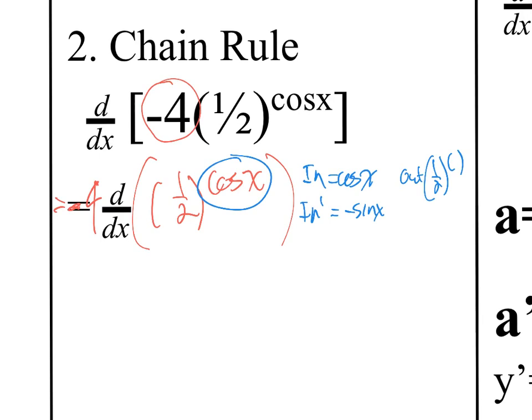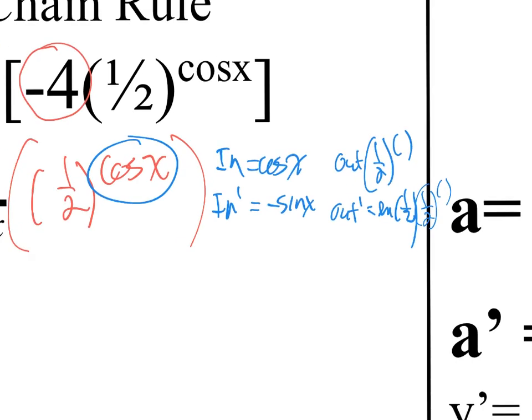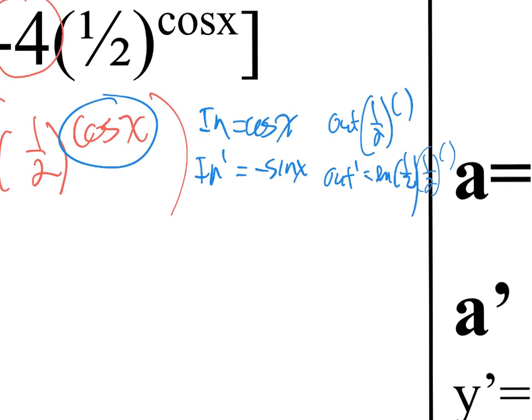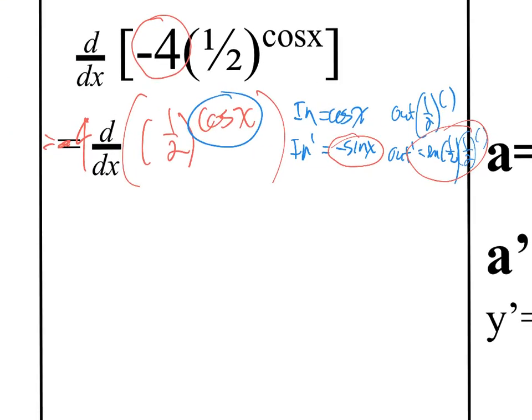Which I could substitute u or f or g. And then the outside prime would just be ln of 1/2 times 1/2 to the bracket. And we know what goes in the bracket, right? So there's your inside derivative, there's your outside derivative. Multiply them together.